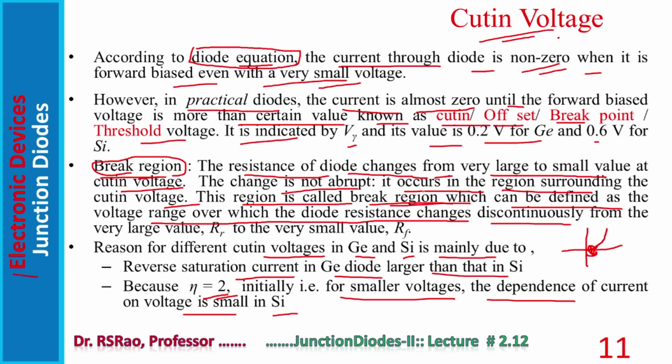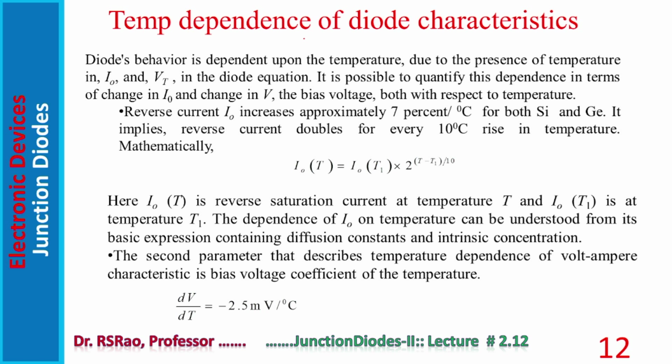Here he is giving you the reasons for different V gammas for silicon and germanium. 0.2 for germanium, 0.6 for silicon. Why high value for silicon? This is the reason.